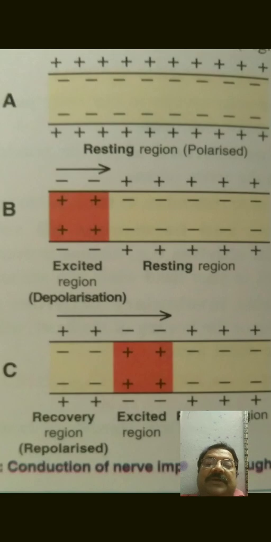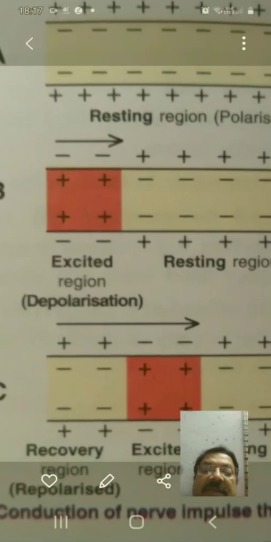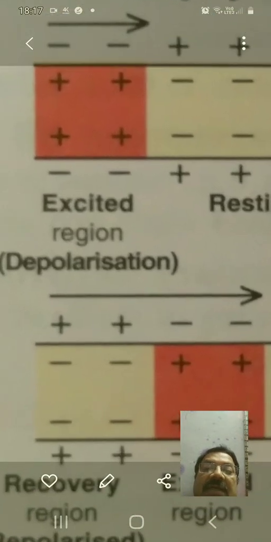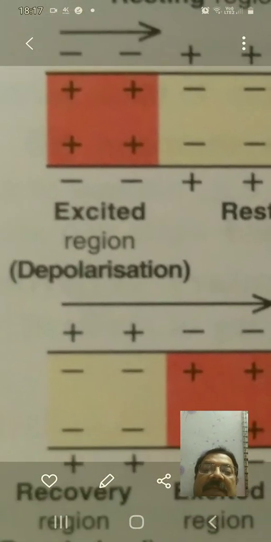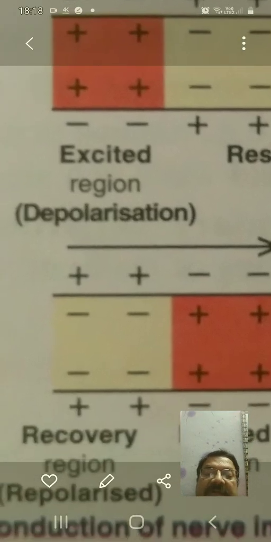Now what has happened to the first excited region? You can see that it has gotten back to the original state, that is, the resting state. What is the resting state? Outside positive, inside negative. From B to C, this is the recovery region, what we call the repolarized state.